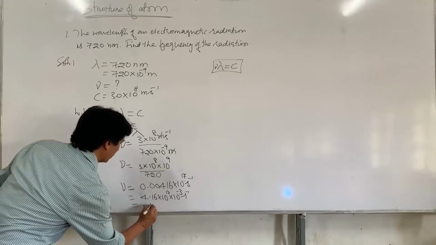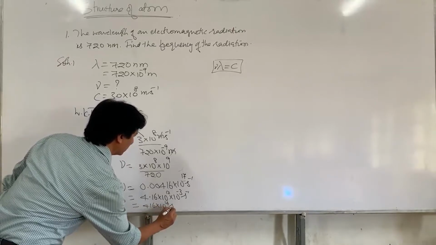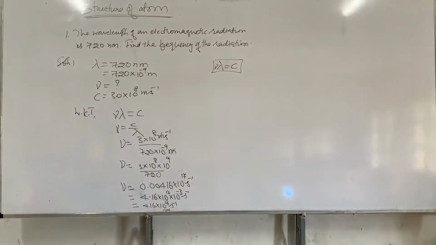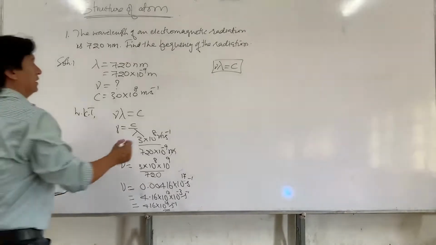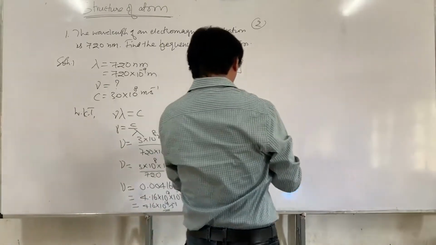So 4.16 into 10 raised to the power 14 per sec. This becomes the frequency of the radiation, 4.16 into 10 to the power 14 per sec. Fine, that's it. Now, the second problem is for you to work out.